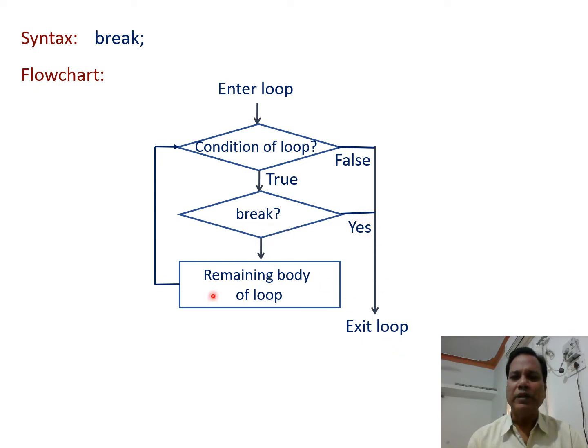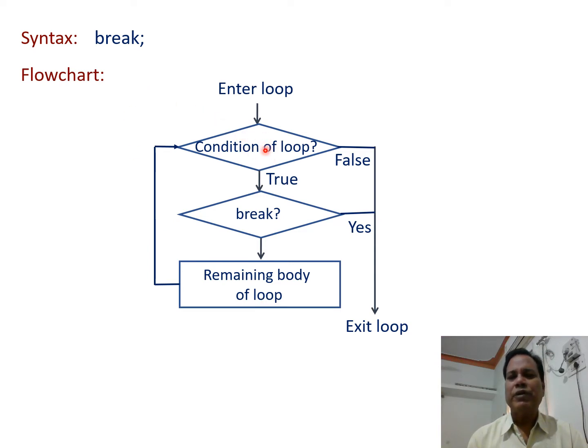Otherwise, remaining body of the loop is executed and then condition is tested. Again, if condition is found to be true, then again condition for the break is tested. If this condition is found to be true, then loop is exited. Otherwise, remaining body of the loop is executed and then condition is tested.